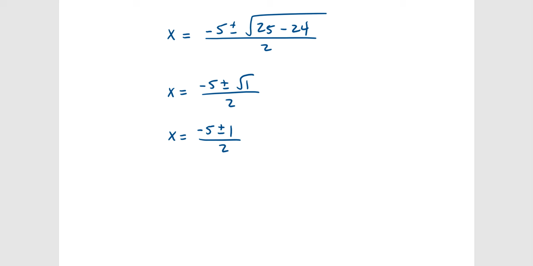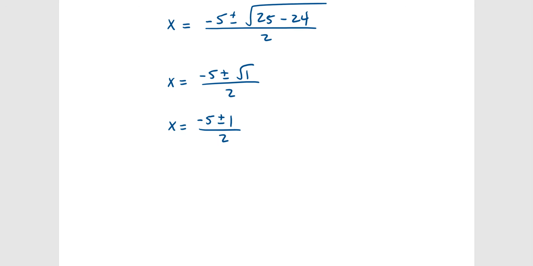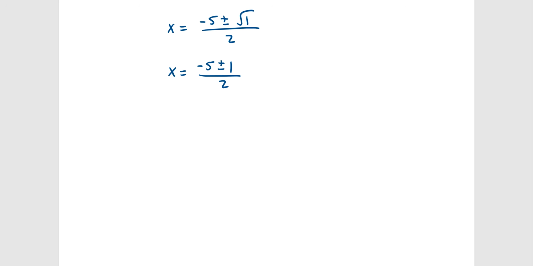Anytime you take the square root and it's a perfect square and the square root ends up being gone, you're going to want to simplify this further. You're going to want to split this up and say that means x is negative 5 minus 1 over 2, or x equals negative 5 plus 1 over 2.